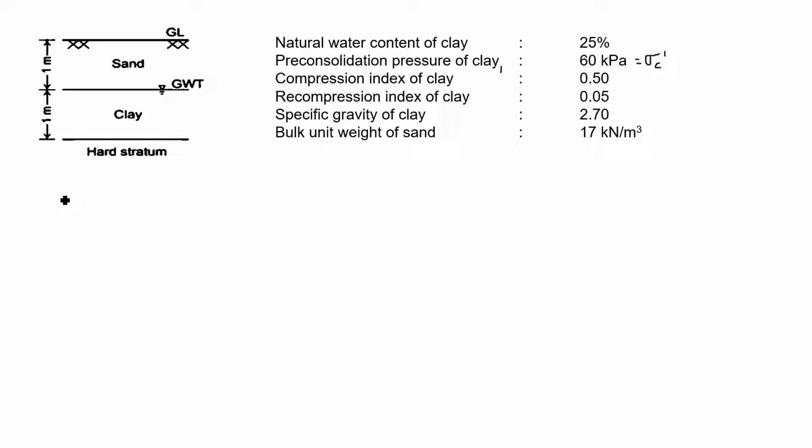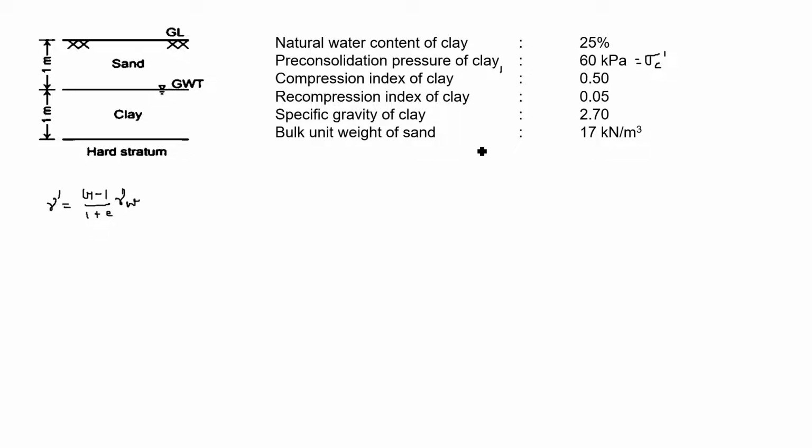So first of all, we need to find the unit weight of this clay layer. Since the groundwater table is at the top of the clay layer, this clay layer will be under submerged condition. So the formula for submerged unit weight is gamma sub equal to (G minus 1) divided by (1 plus e) times gamma w.